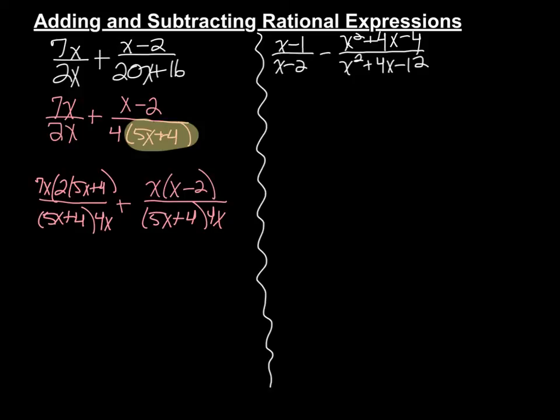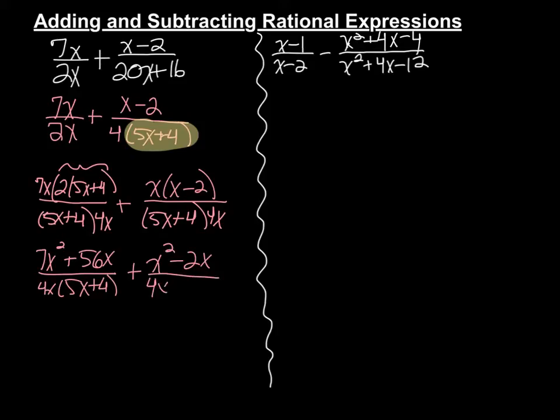So this gives me a 10x plus 8, and then I multiply that by 7x, so that's going to give me a 7x squared plus 56x all over the 4x times 5x plus 4. Here I have an x squared minus 2x, again all over 4x times 5x plus 4.